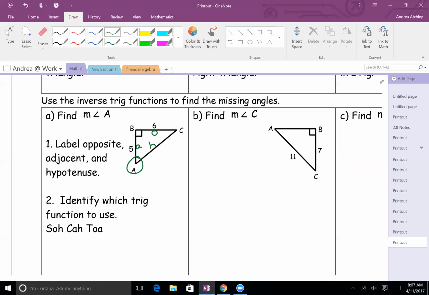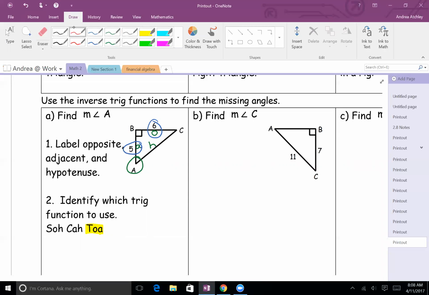This time we want to identify which trig function we're going to use. We want to find the ones that both have numbers in this case. So which trig function would I use that uses the adjacent and the opposite? Tangent. We want to use the tangent, TOA.